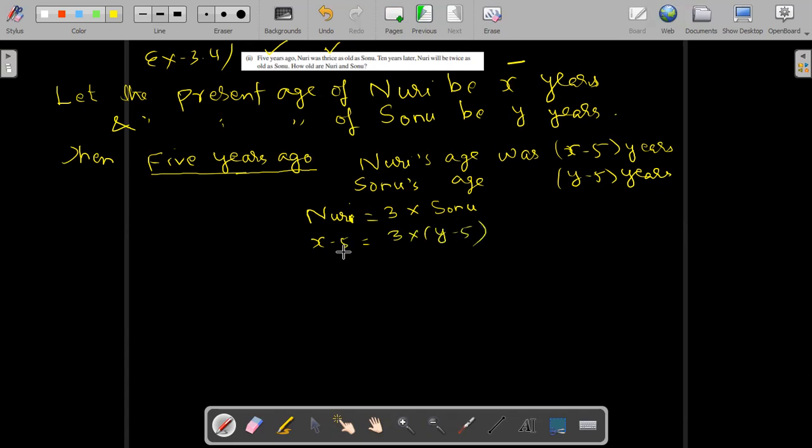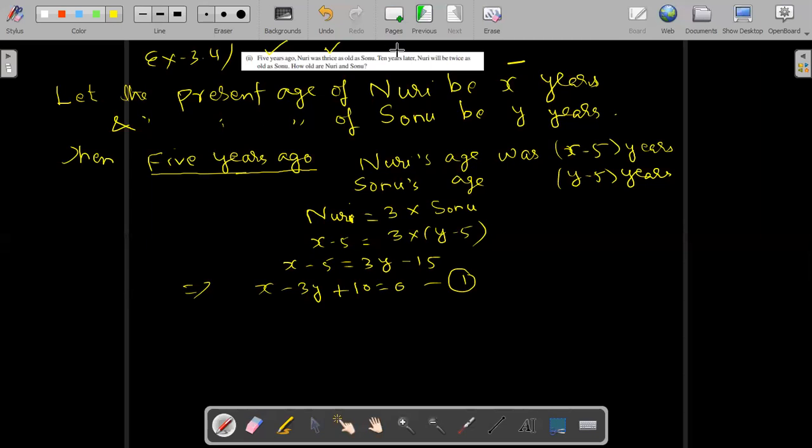So we get equation number 1: x minus 5 equals 3 times y minus 5, that is 3y minus 15. Solve this and we get x minus 3y minus 5 plus 15, so plus 10, is equal to 0. This is equation number 1, from condition number 1.